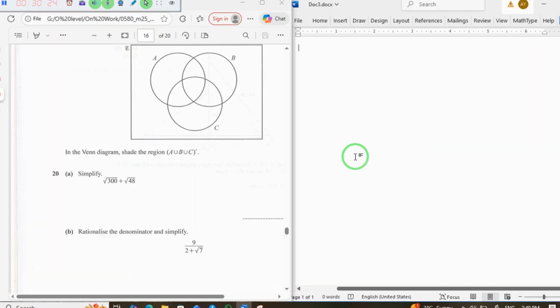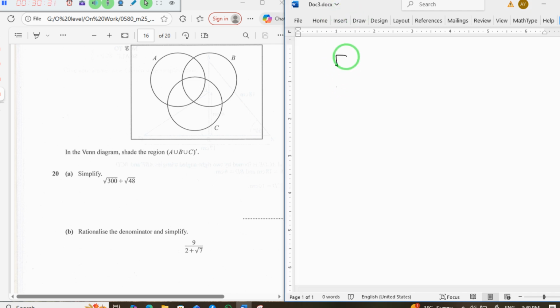Question number 20 is very easy. Square root of 300 plus square root of 48.